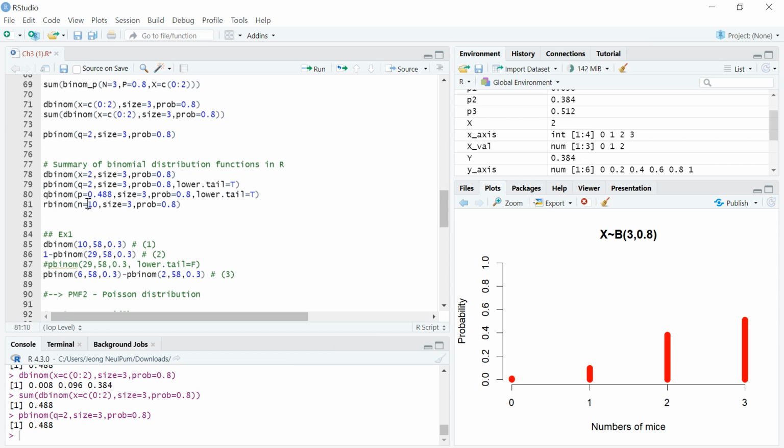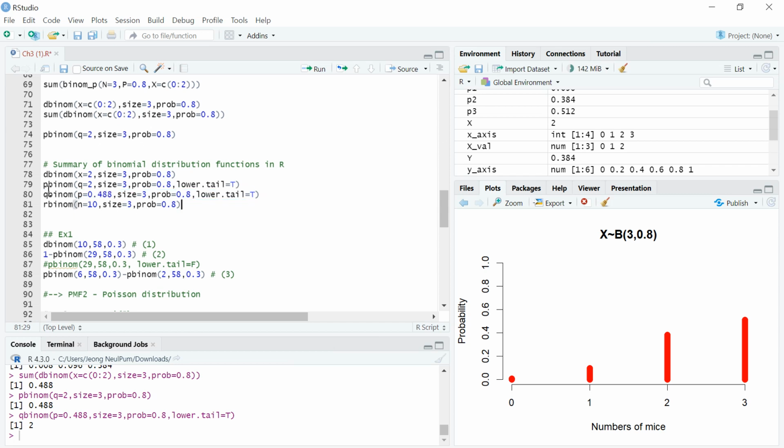So let's say that we want to get our target value when the cumulative probability is equal to 0.488 with these hyperparameters n and p, then the function gives the result as 2, which means that if we sum all the probabilities of x from 0 to 2, the summation of all of the probability is up to 0.488, which is what the q-binom function gives us as the result.